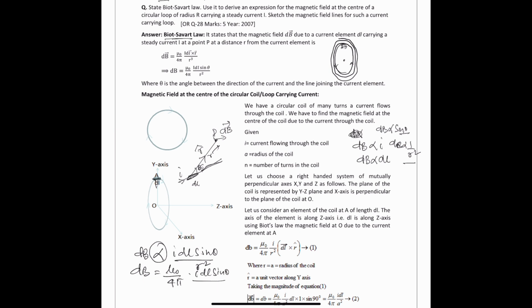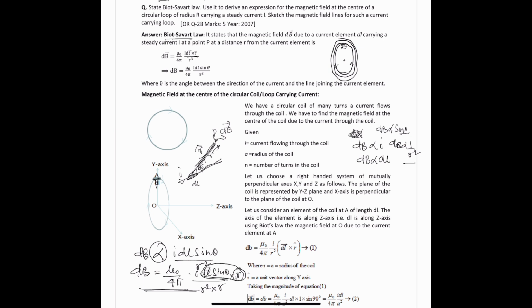Now this is the scalar equation, because dB is magnetic field, so we can convert it to a vector equation. dl cross r represents dl r sine theta.